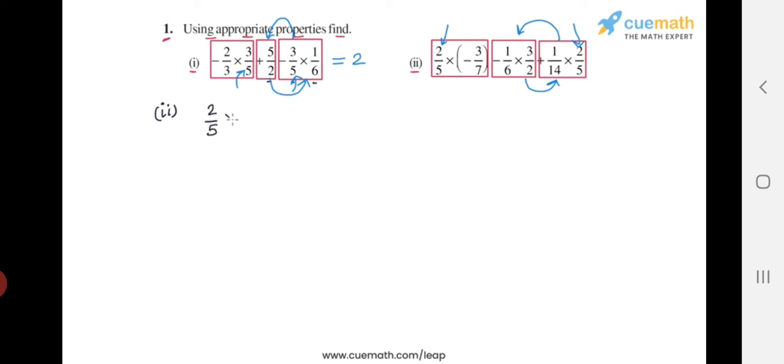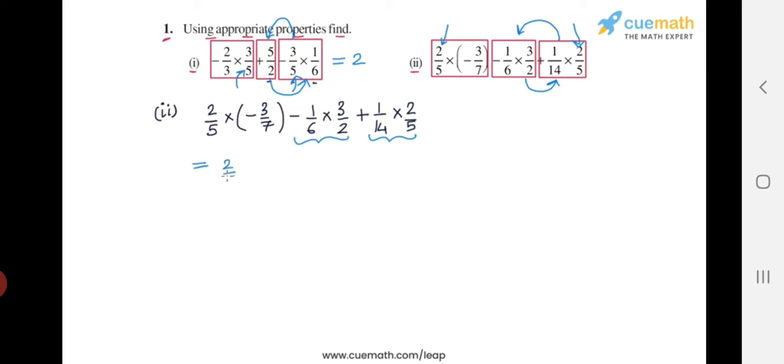So the original expression is 2 by 5 into minus 3 by 7, then minus 1 by 6 into 3 by 2, and then we have plus 1 by 14 into 2 by 5. So we are going to take this third part and bring it to the second position, and we're going to take the second part and take it to the third position.